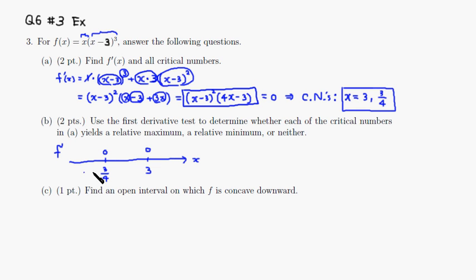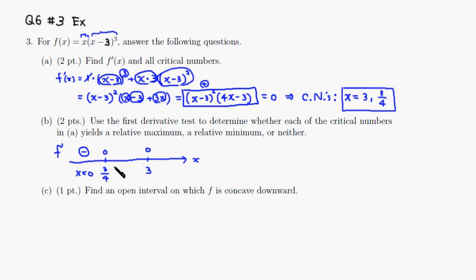So let's try something smaller than 3/4. I'll probably try something like 0. If you plug in 0, this part is always positive, so we don't have to worry about that. But if you plug in 0, this part is going to be negative. So you have a negative sign here.